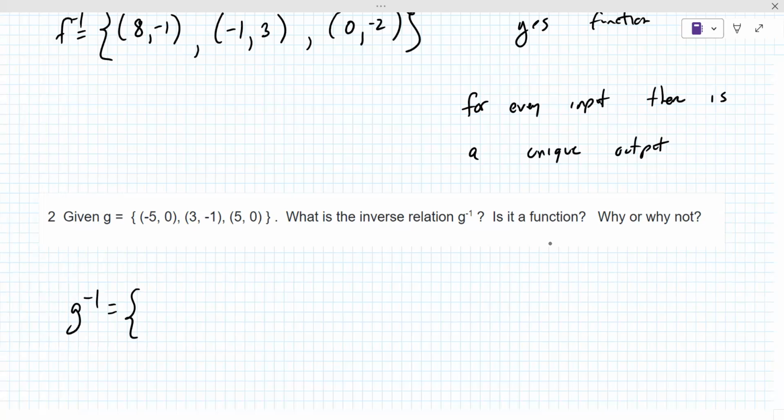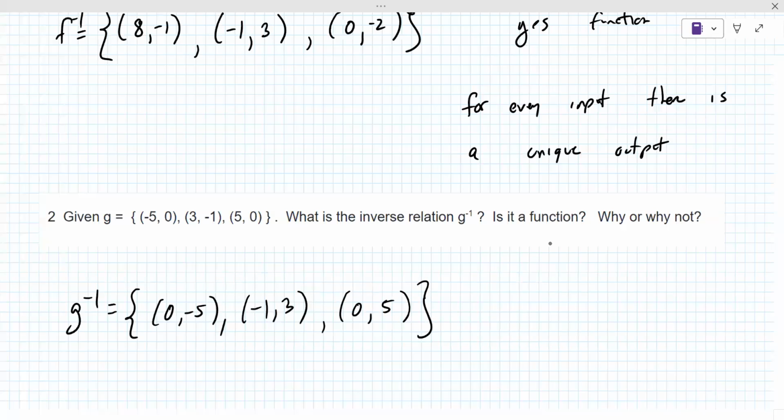So it'd be 0, -5, right? Good. Keep going. -1 and 3. Good. And then 0 and 5. Good. So there's the inverse relation. You got that. Yep.